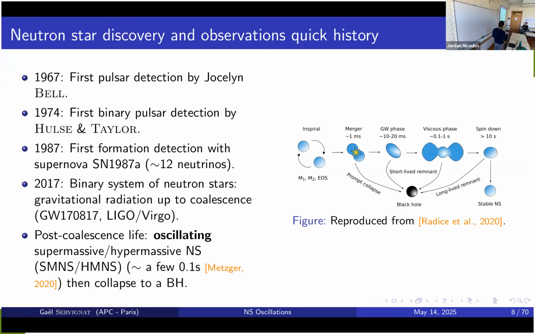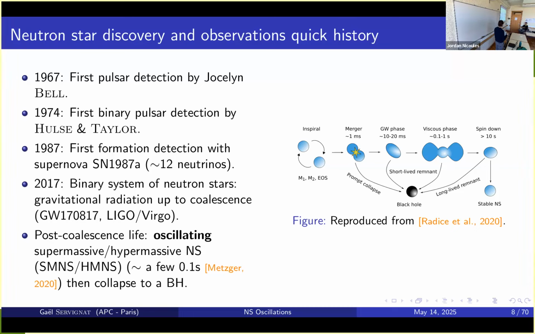And now, what the LIGO-Virgo collaboration is not able to see is the post-coalescence stage of the binary neutron star. What is thought is that after the merger, something might form, which might be a supermassive or hypermassive neutron star. Why do we call it supermassive or hypermassive?